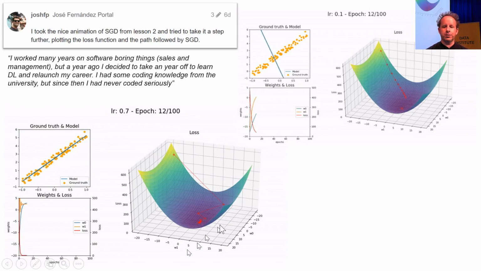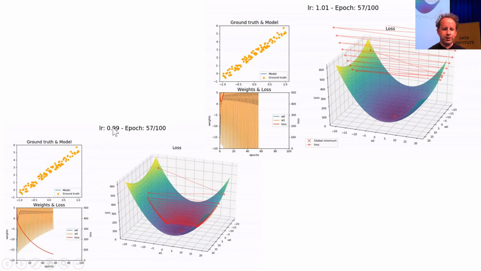And so we can actually look and see over time what happens to those weights. And we know this is the correct answer here, right? So at a learning rate of 0.1, it kind of slides on in here, and you can see that it takes a little bit of time to get to the right point, and you can see the loss improving. At a higher learning rate of 0.7, you can see that the model jumps to the ground truth really quickly. And you can see that the weights jump straight to the right place really quickly. What if we have a learning rate that's really too high?